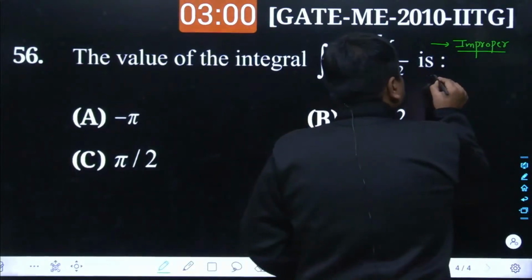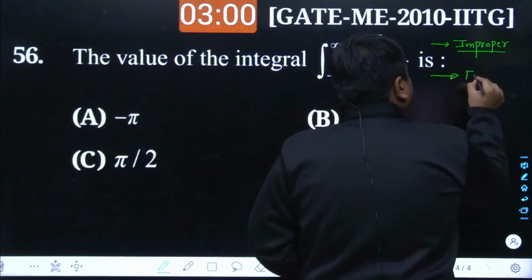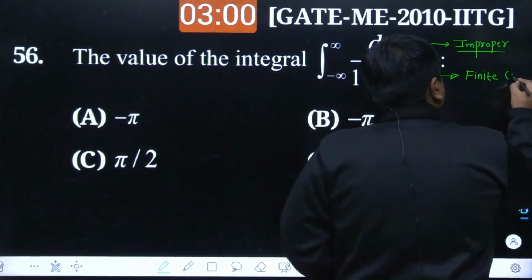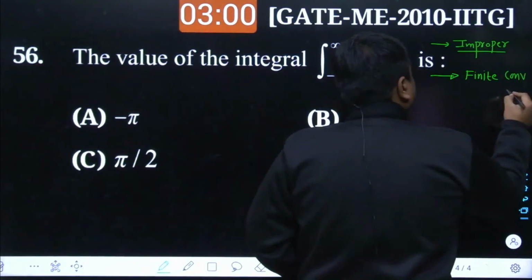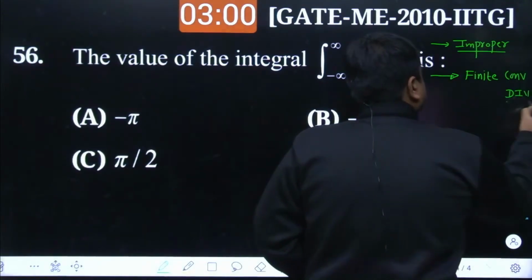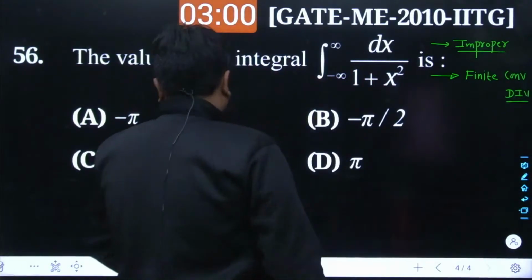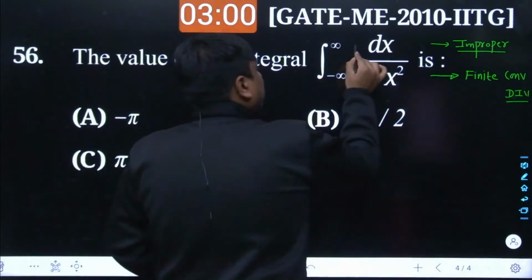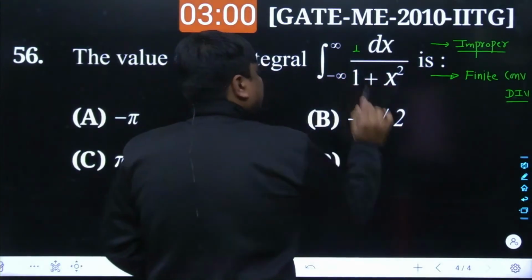If the integration leads to a certain finite value, we call the integration convergent. Otherwise, it is divergent. Anyways, keeping everything aside, let me focus on the function for which the integration is made. That is 1 divided by 1 plus x square.